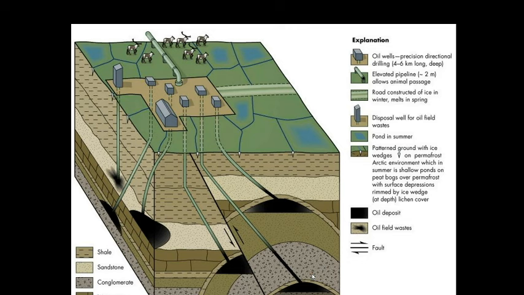Here is a schematic. The little gray squares here are the oil wells. This is a disposal well. So the idea is you draw something up through the oil well. What you don't need is put back underground through the disposal well.